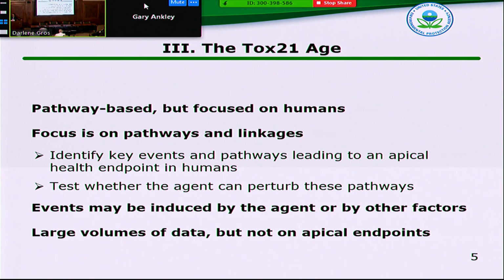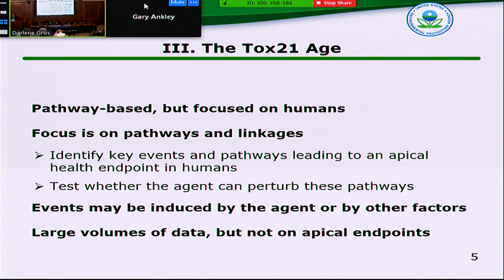Now, one of the things I think that is in the back of people's minds too is we're not trying to use these pathways and networks to replicate animal bioassays. We're really trying to get the events that are going to be expected to be observed in humans, and this will be done in human data. This also gives us the opportunity to say that the effects might be induced by either the agent we're studying or other factors.